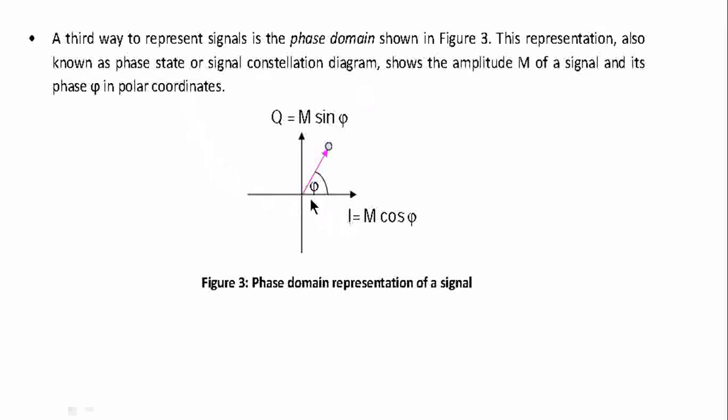The same applies to the phase. If you change the phase of the wave, it means you are carrying data. So basically, the signals we are talking about can be changed in terms of these three properties.